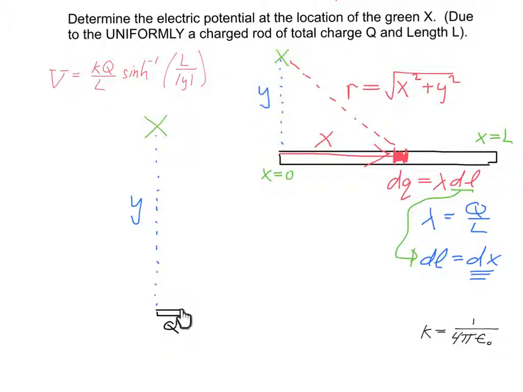So, if this is L and this is y, what it looks like is that at some point here, all the charge is more or less at one point.